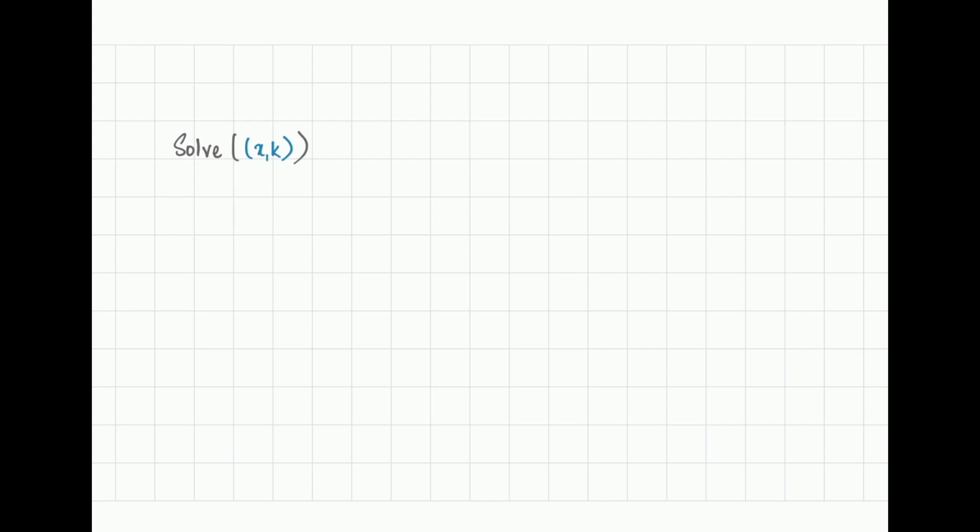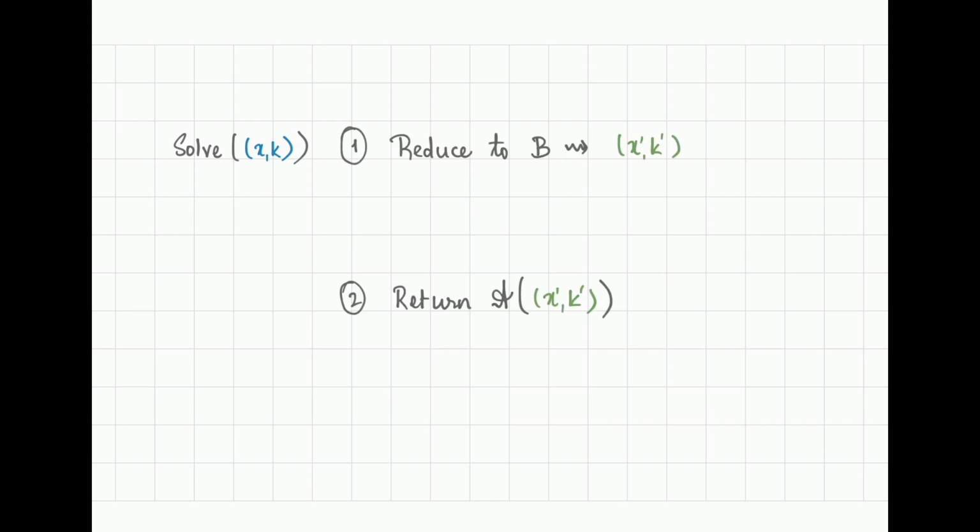So let's say that (x, k) is an instance of A, and here is how we are going to solve it using the two ingredients that have been given to us. The first being the reduction from A to B, and the second is the presumed FPT algorithm for B. So in the first step, we are going to reduce this instance (x, k) to an instance of B using the reduction, of course.